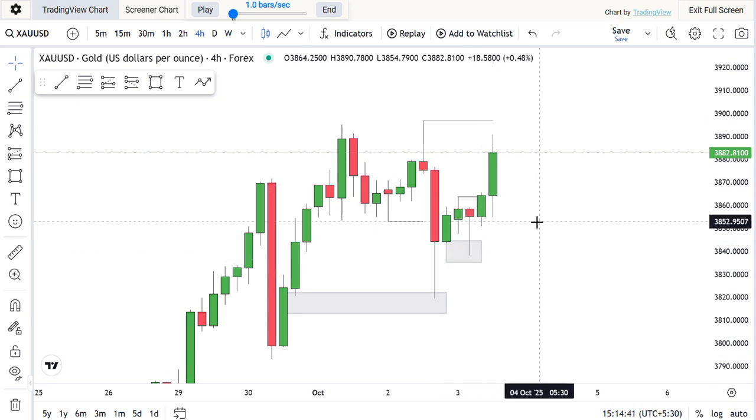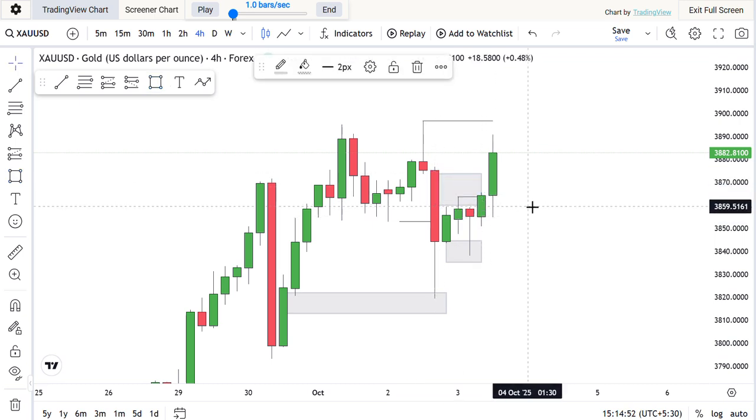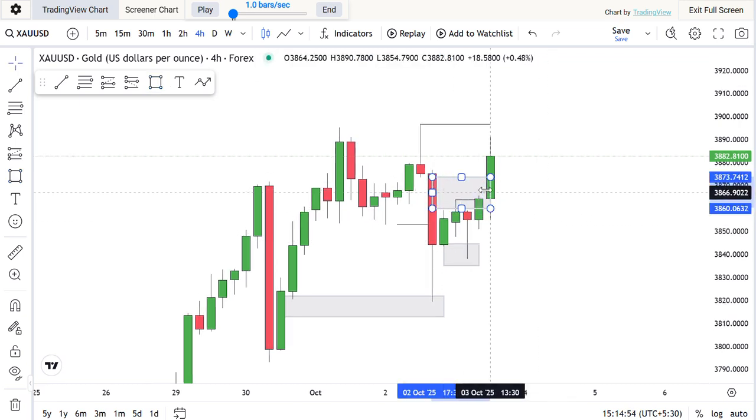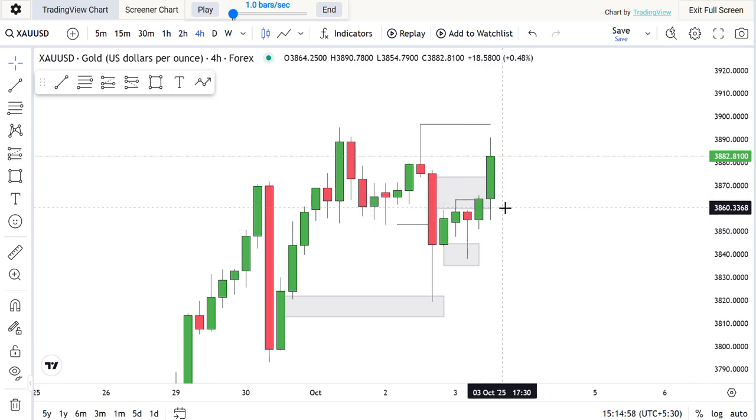So now, according to what we see here, we realize that there was a form of supply around here. Price was reacting to it. When price reacted to it, at some point it had to take it out and then it went up.